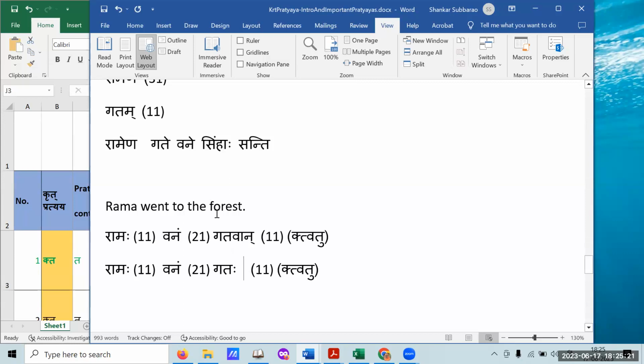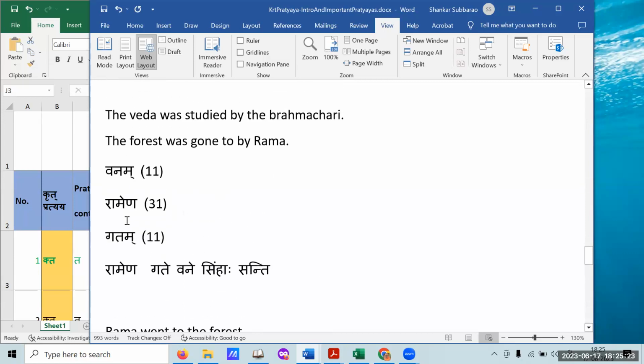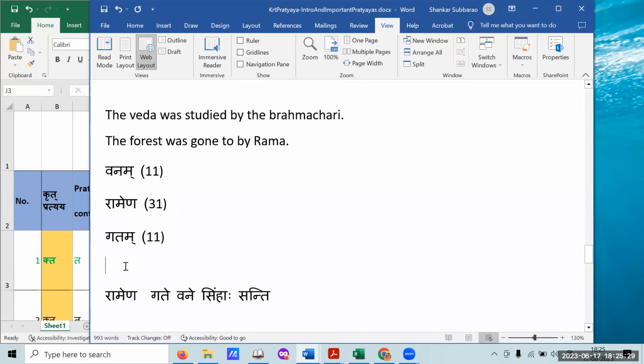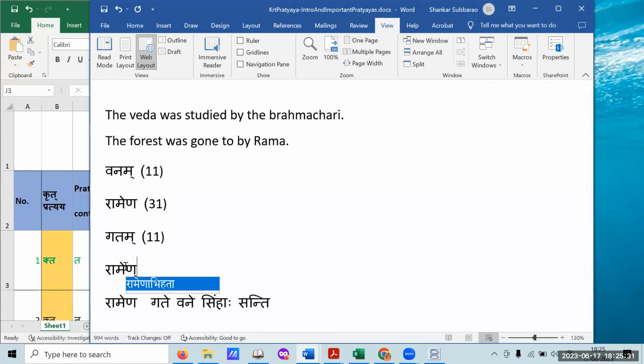And previous sentence was what? Ramena Vanam Gatam. They mean what? Anything different? They mean the same. Do you see that?